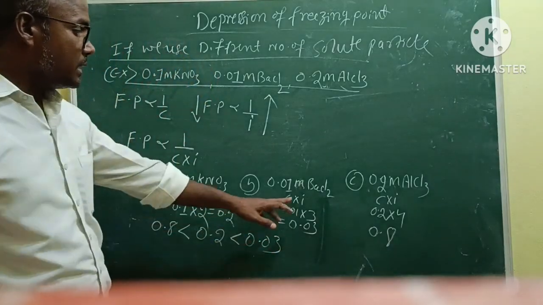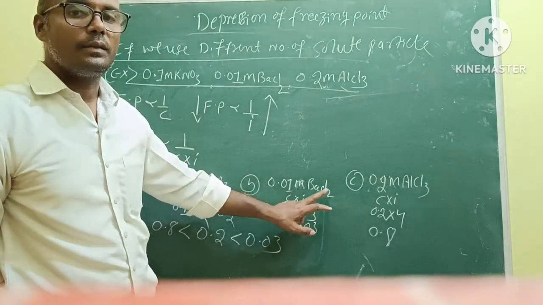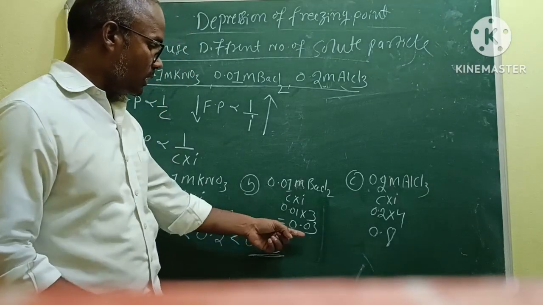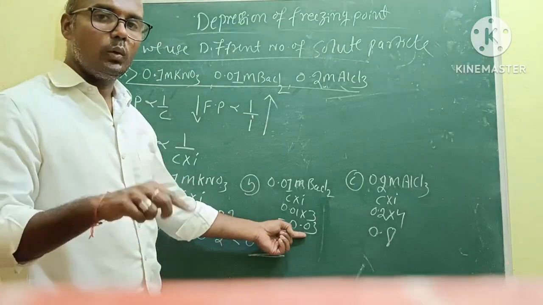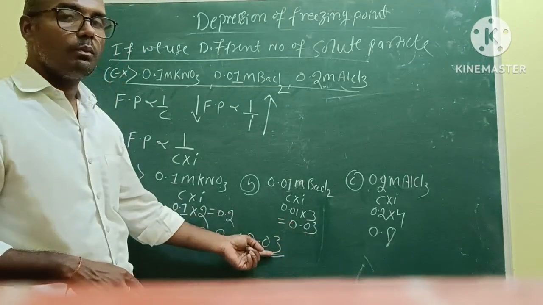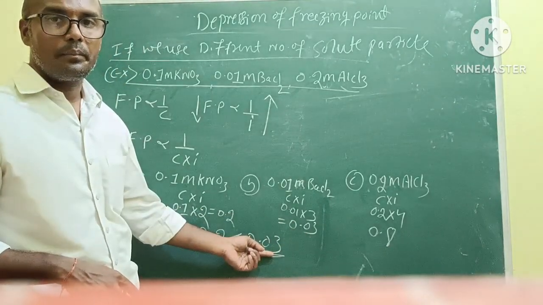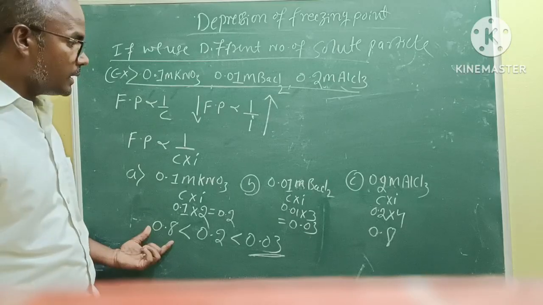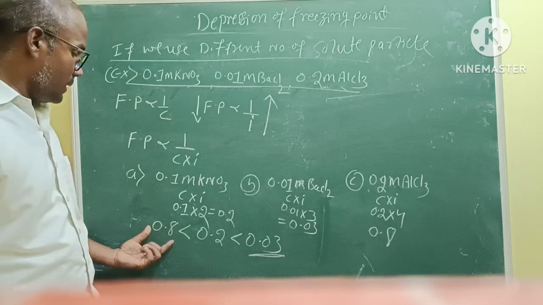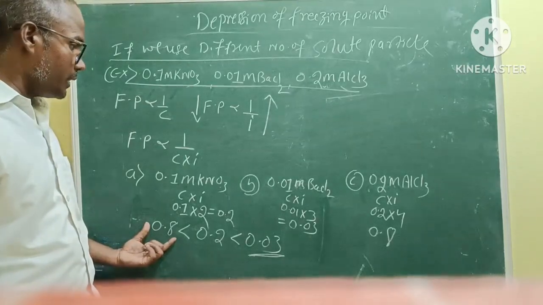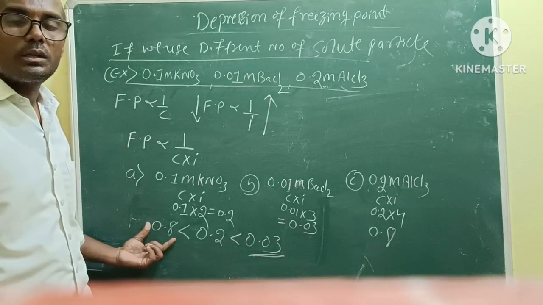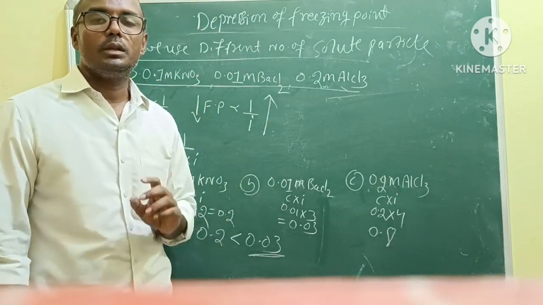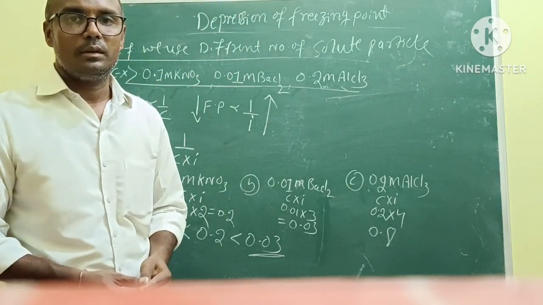BaCl2 has the higher freezing point because it is low concentrated. AlCl3 has 0.8, the high concentrated solution, which has the lowest freezing point. Understand? Thank you.